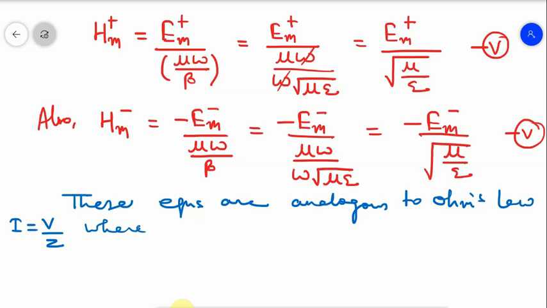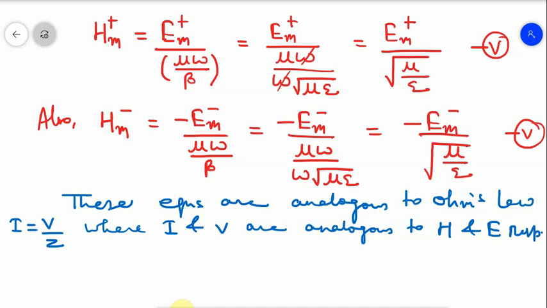Where this I and V are analogous to your H and E respectively. So that's why we say that the impedance expressed in terms of mu and epsilon, which are the properties of the medium, is called the intrinsic impedance of the medium, and is denoted by eta.